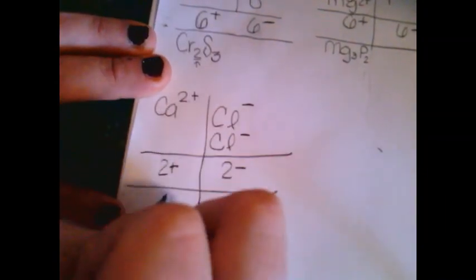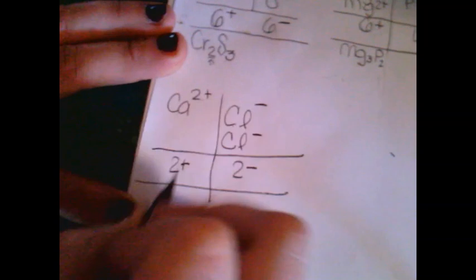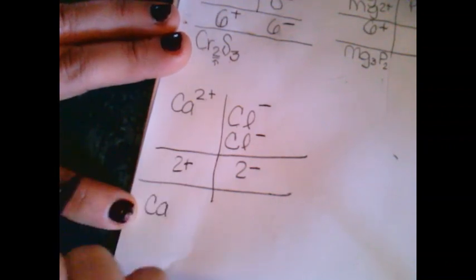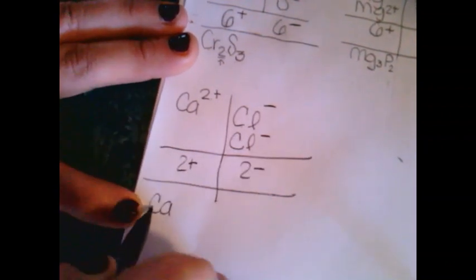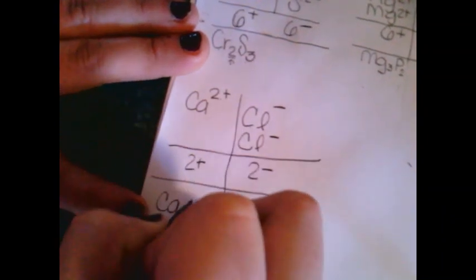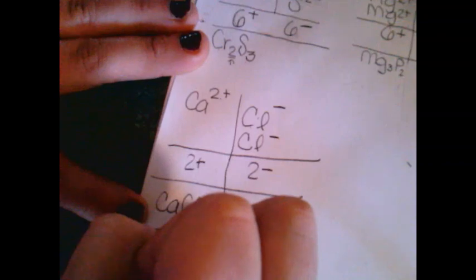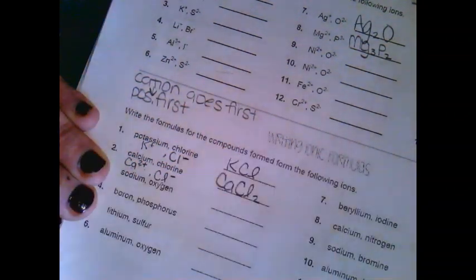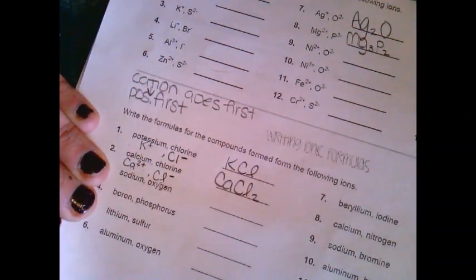There is 1 calcium, and you always want to put the cation, the positive ion, first when you write out your formula. So calcium, and I have 2 chlorine, subscript 2. When I come back to my paper, I should write CaCl2.